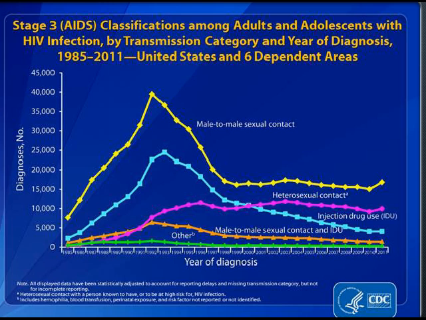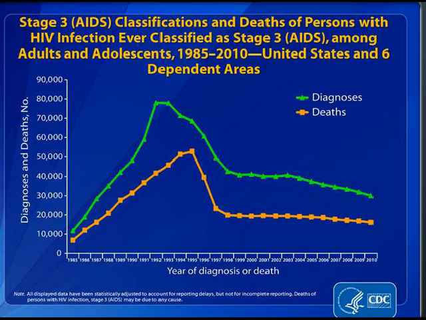Or whether the incidence has stabilized. This is information on AIDS classification and deaths, so those diagnosed with AIDS, which are in green, and then the number of deaths, which are in orange. And again, you can see that up until the mid-90s, the rates were going up, and then they dropped dramatically once effective therapy was instituted, and now pretty much they've leveled off, although the rates, as far as AIDS are concerned, continue to decline somewhat.